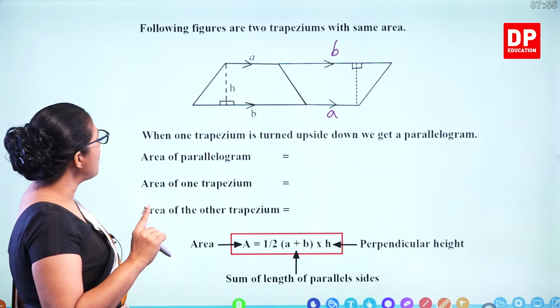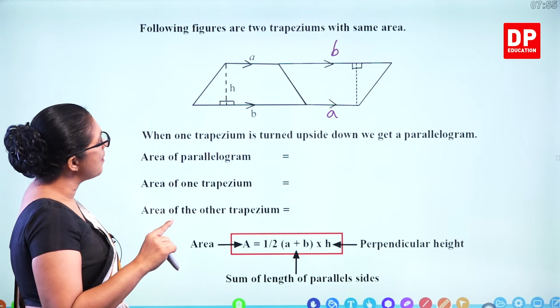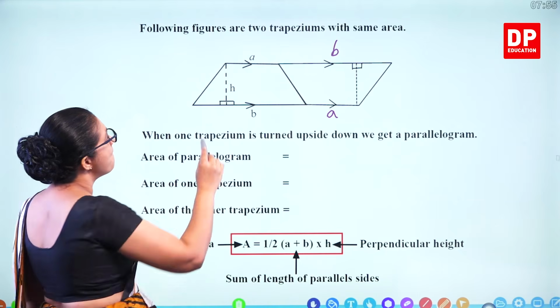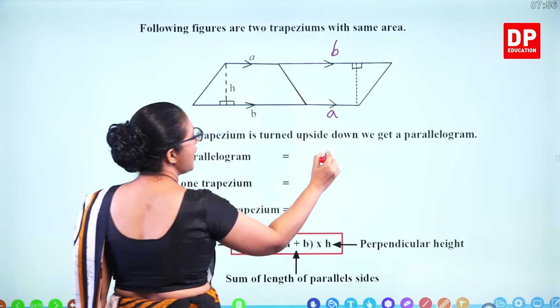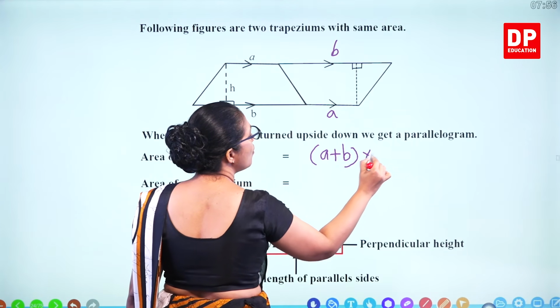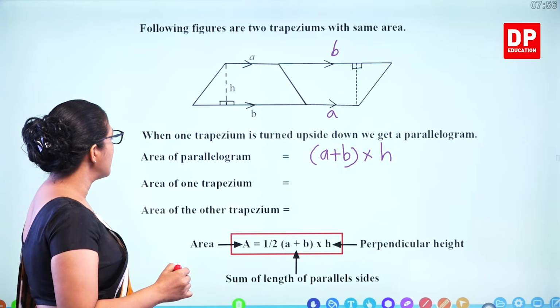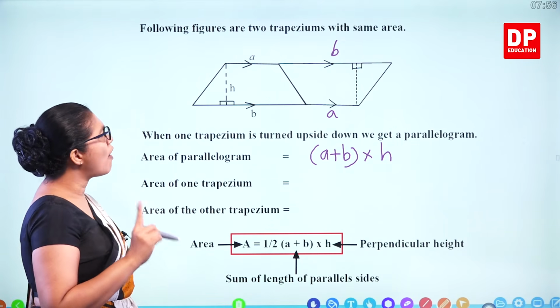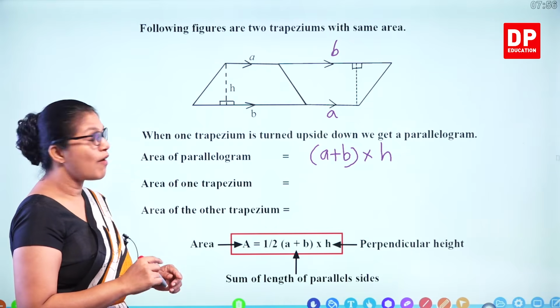So area of a parallelogram. Now look at the big parallelogram. What's the area? Base length is now A plus B, A plus B into height. So what is the area of one trapezium?